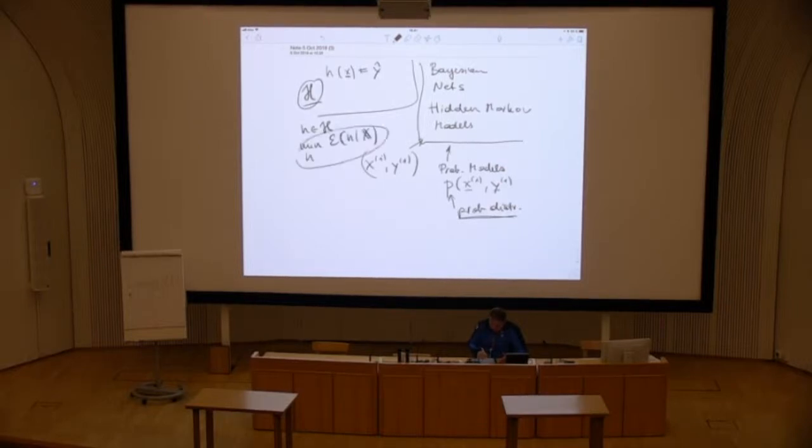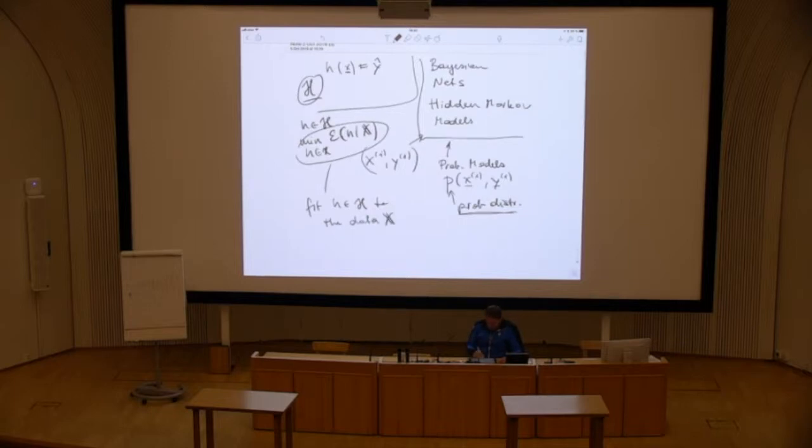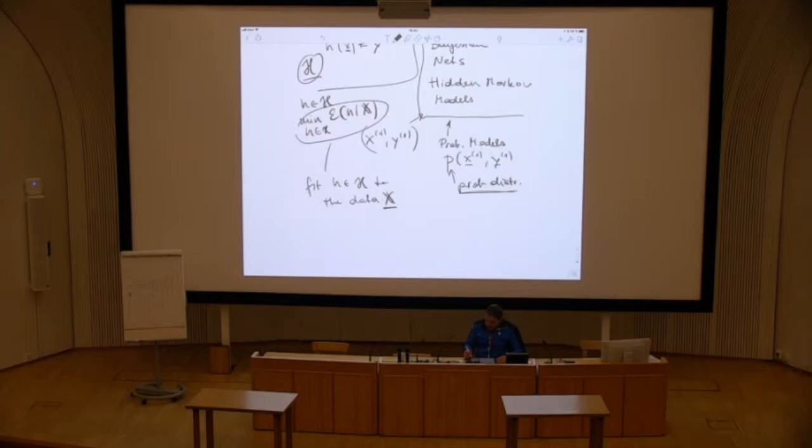So this here means fit a generic hypothesis out of the hypothesis space, for example a polynomial, to the data X, which is a bunch of Bitcoin and Ethereum closing prices, or a bunch of redness and greenness values of snapshots. That's data.